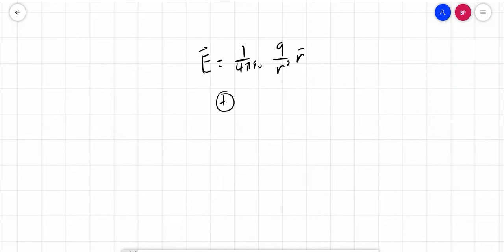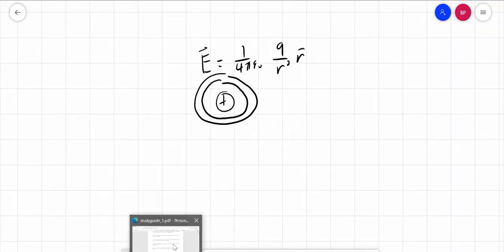So this only depends on the distance away. If you draw a sphere centered at the point charge, the electric field is constant over that. You can draw as many spheres as you want.